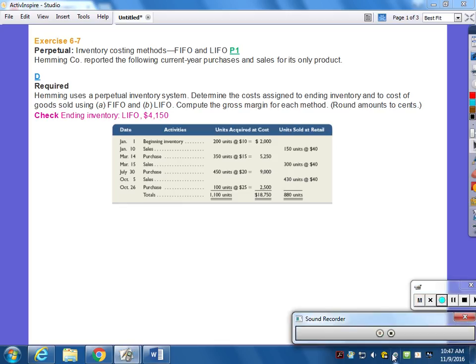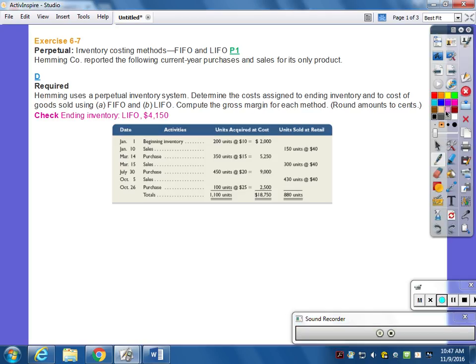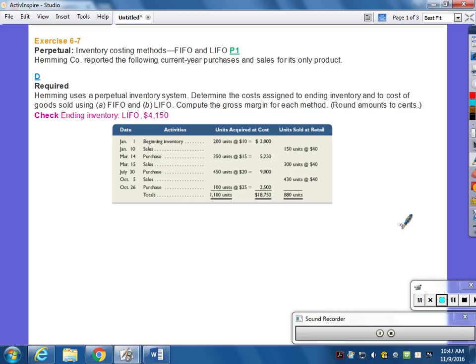Alright, so exercise 6-7. It says Hemming Company reported the following current year purchases and sales for its only product.